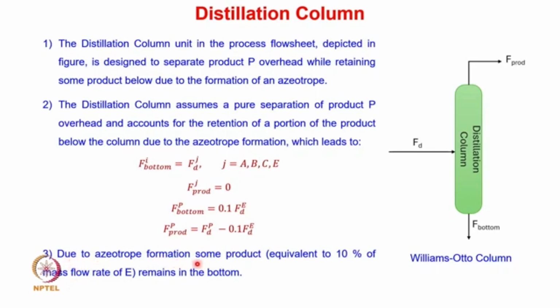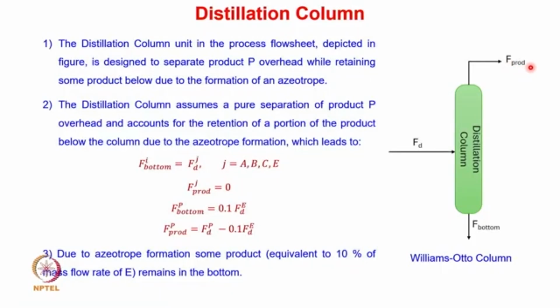So due to azeotropic formation, some product equivalent to 10% of the mass flow rate of E remains in the bottom. So equivalent to 10% of FDE of product P will be in the bottom, whereas the other remaining part will be separated with 100% purity as a top product.